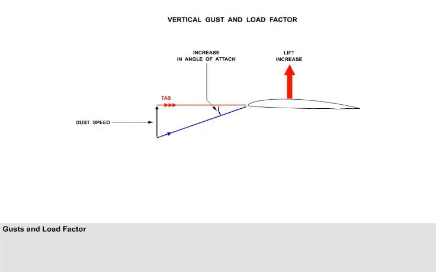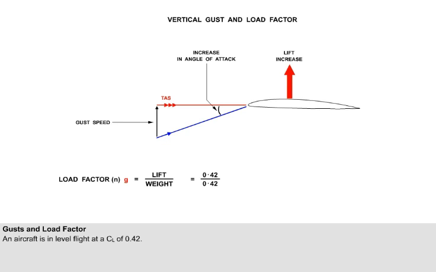We will now examine the effect of a vertical gust on the load factor, with this by now familiar vector diagram, the same one used to consider aerodynamic damping. The load factor, N or G, is calculated by dividing the lift by the weight. To illustrate the effect of a vertical gust on the load factor, we can use a sample written exam question.